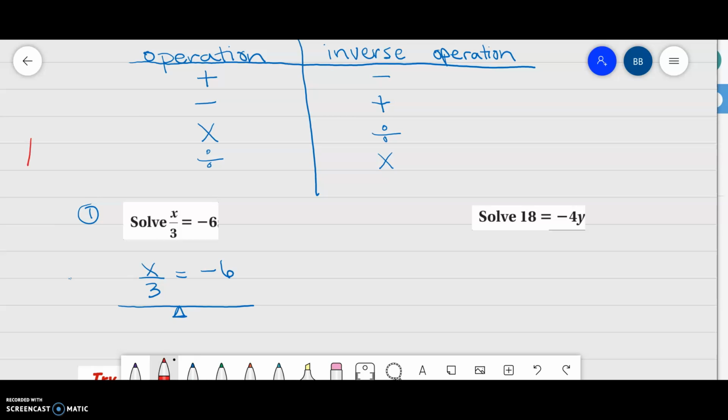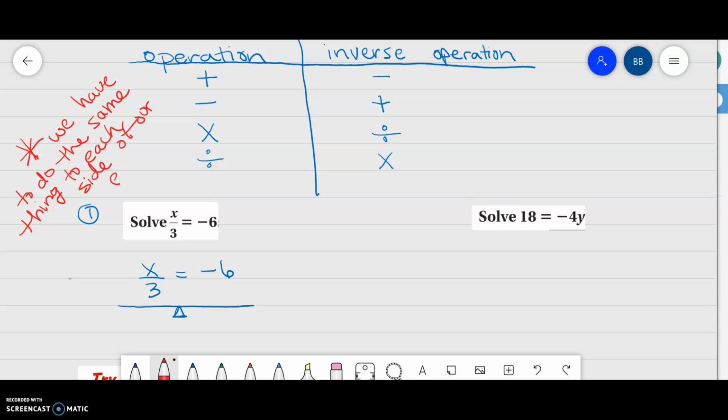It's even such a big key idea, you might just even put a little star in your notes and say, we have to do the same thing to each side of our equation.